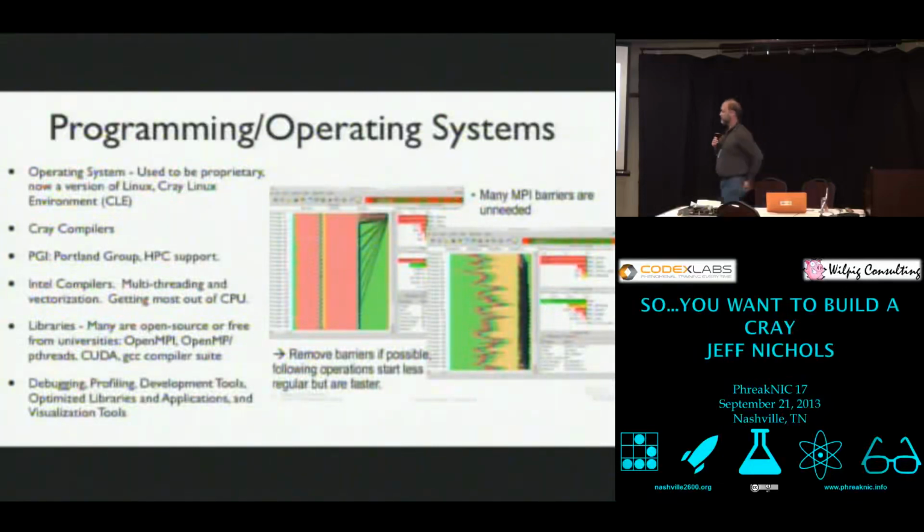You have GCC compilers. Is there anything for LLVM, or is that totally outside the space? It is not outside the space. LLVM seems to be taking over the world right now. Let me think about my answer to that one.